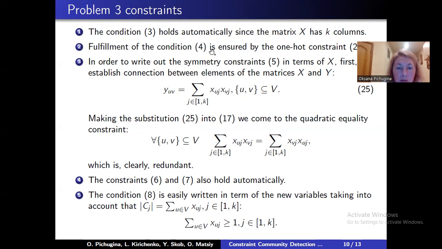Then the partition is ensured by the one-hot constraints. Symmetry constraints hold automatically, so they are redundant constraints, and the transitivity constraints are also redundant. And finally, the last constraint, that all the communities are non-empty, can be written easily as the following inequality constraint.